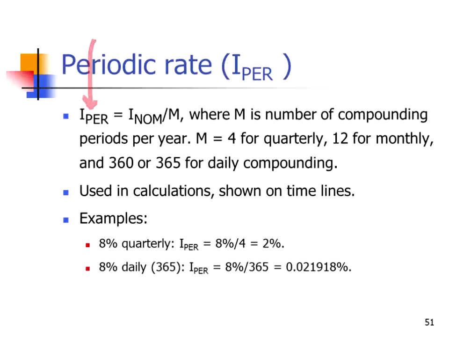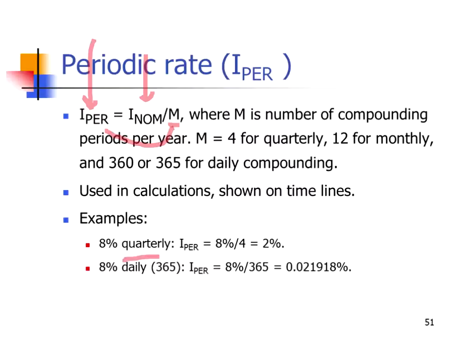So the periodic rate is something that you should lay emphasis on, because it breaks down your actual nominal rate based on the M. M meaning the number of times interest rate is charged over a calendar year.